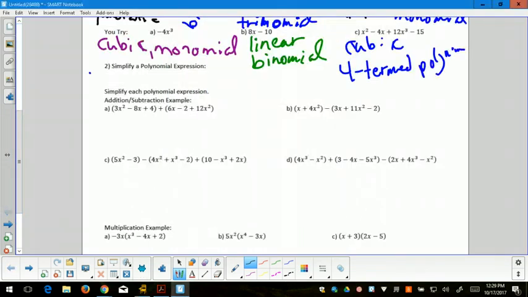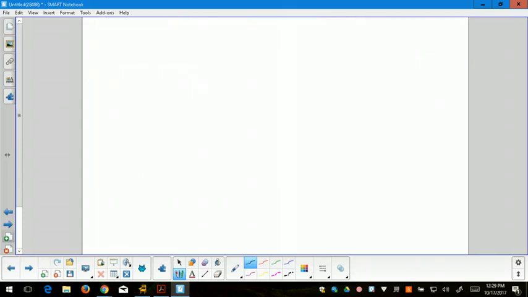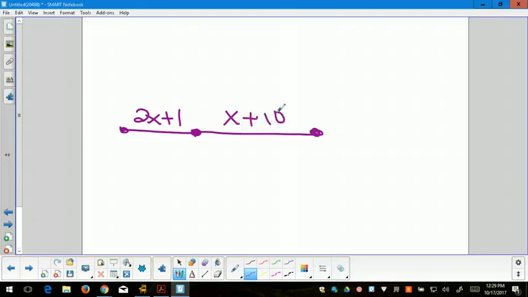Here we go. Now, one thing that we have to be careful about, and I don't know why, on some of your tests you guys did this. I had people who, even though they knew they were supposed to be using the segment addition postulate or the angle addition postulate, maybe I had 2x plus 1 here and x plus 10 here, and the whole thing was 20.